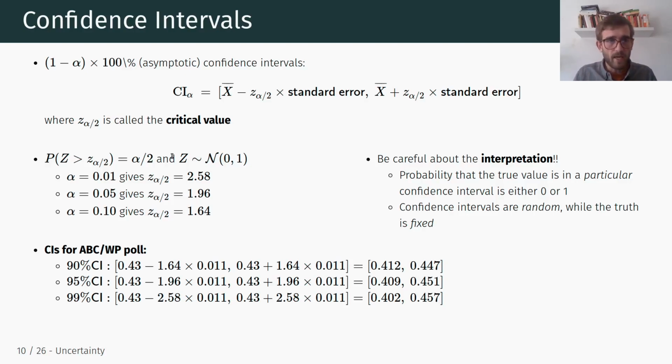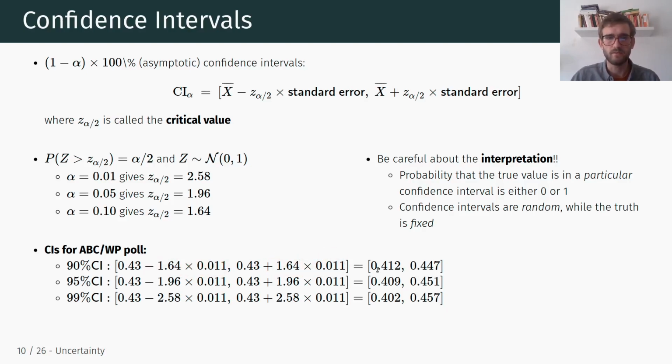So now going back to our ABC and Washington Post poll, we can compute the confidence intervals for those polls using the equations that we have up here and the critical values for 95%, 90%, and 99% confidence intervals. Again, we take our average x bar and subtract our critical value times our standard error to get the lower bound of that confidence interval, and add it to get the upper bound.